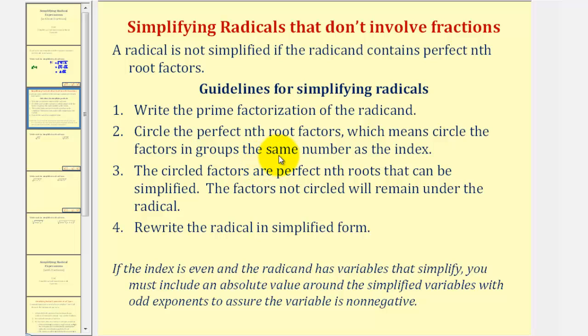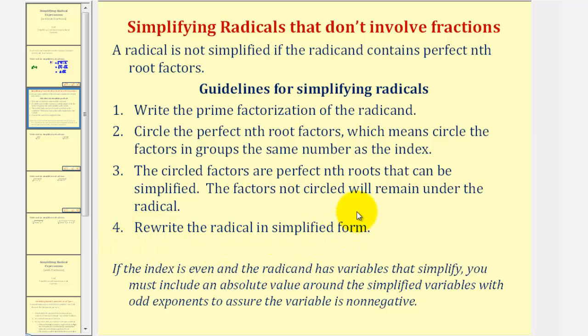For example, if it's a square root and the index is 2, we'll circle groups of 2 equal factors, and if it's a cube root, we'll circle groups of 3 equal factors, and so on. Then the circled factors are the perfect nth roots that can be simplified, and the factors not circled will remain under the radical. And then we'll finally write the radical in simplified form.